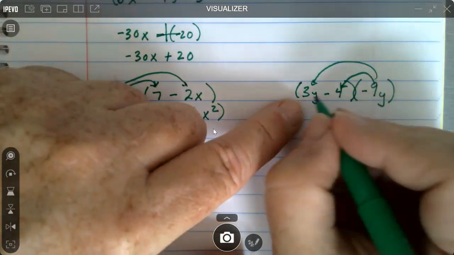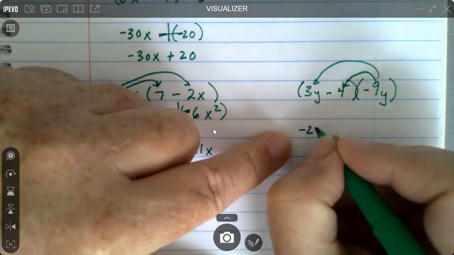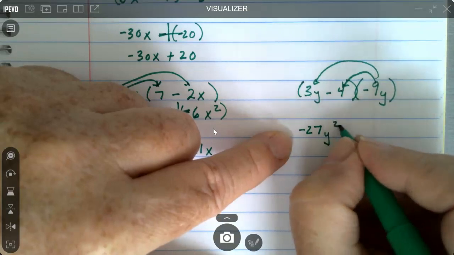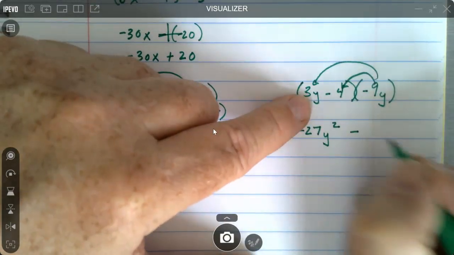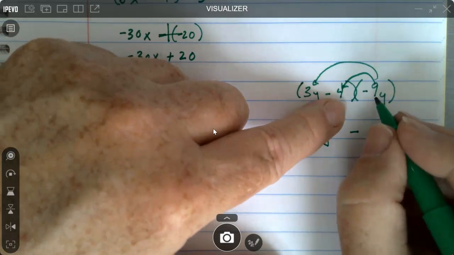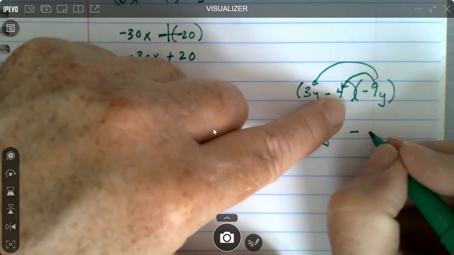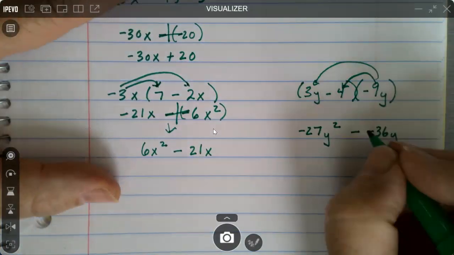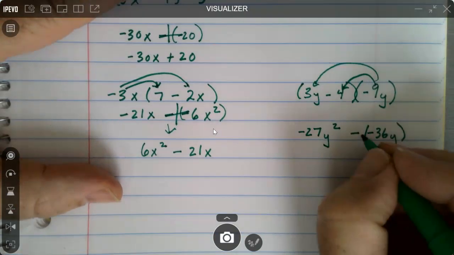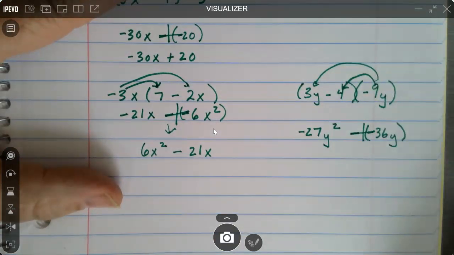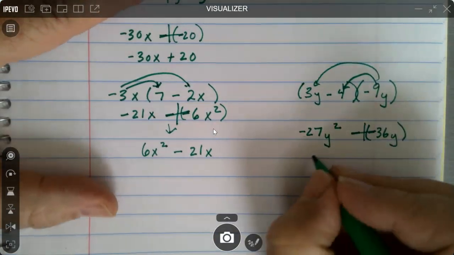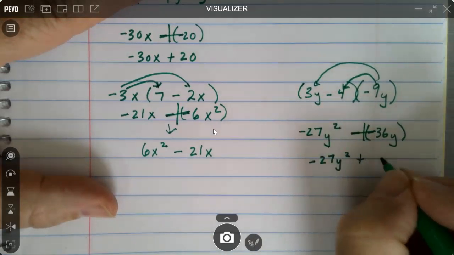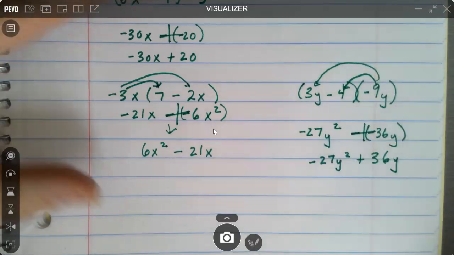So negative 9 and 3, that's negative 27. Y times y, y squared. Drop the minus. Negative 9 times 4. That's negative 36 with a y. Since I see minus minus again, we go big plus. And we do negative 27y squared plus 36y.